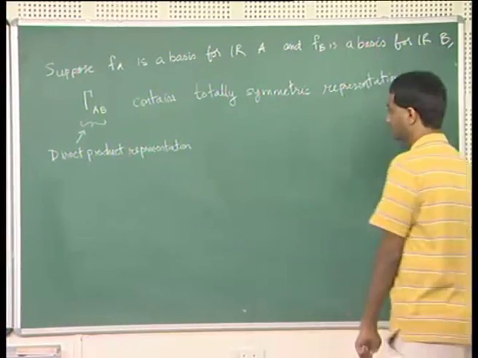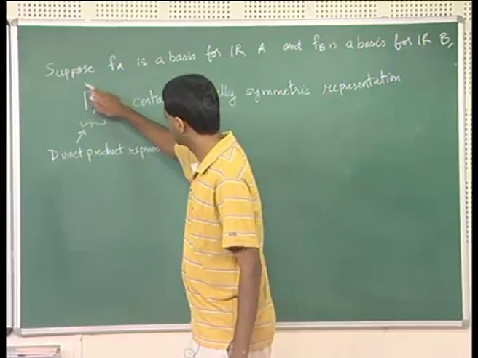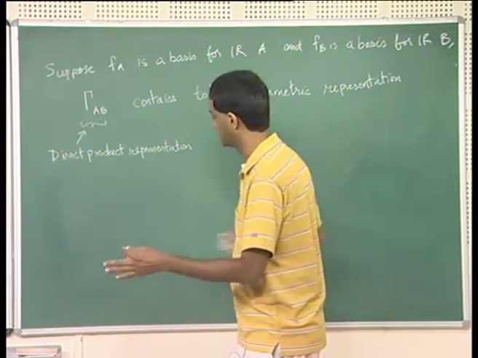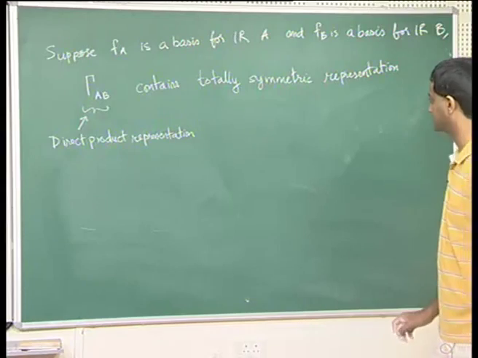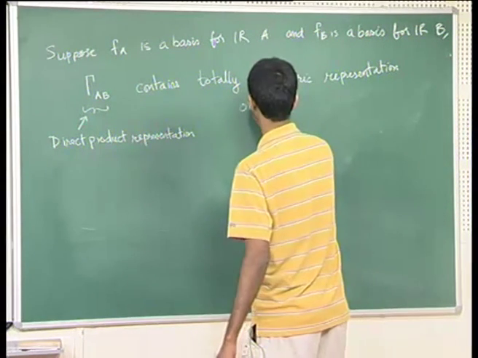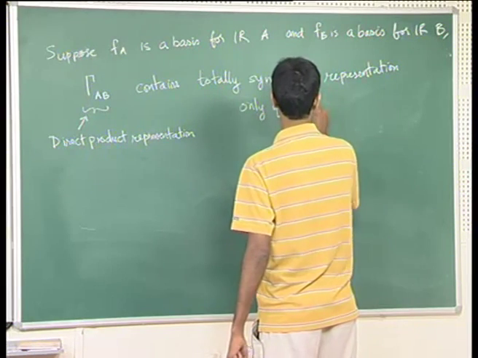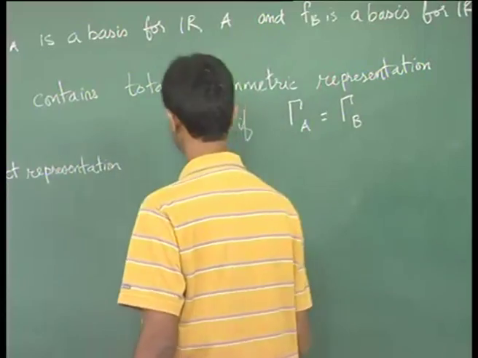It's not hard to show this. The way you think about this is that the direct product representation is written as a sum of various irreducible representations, and it contains a totally symmetric representation only if the irreducible representation A is the same as irreducible representation B.